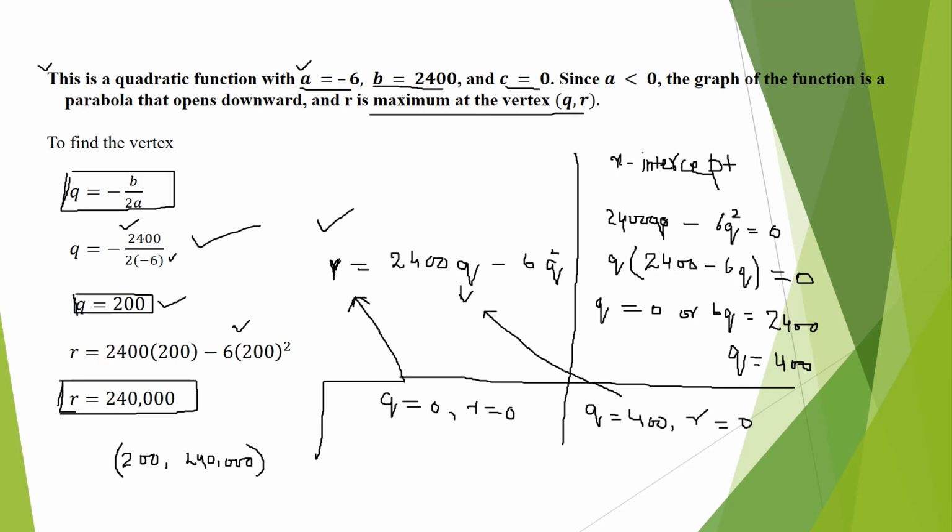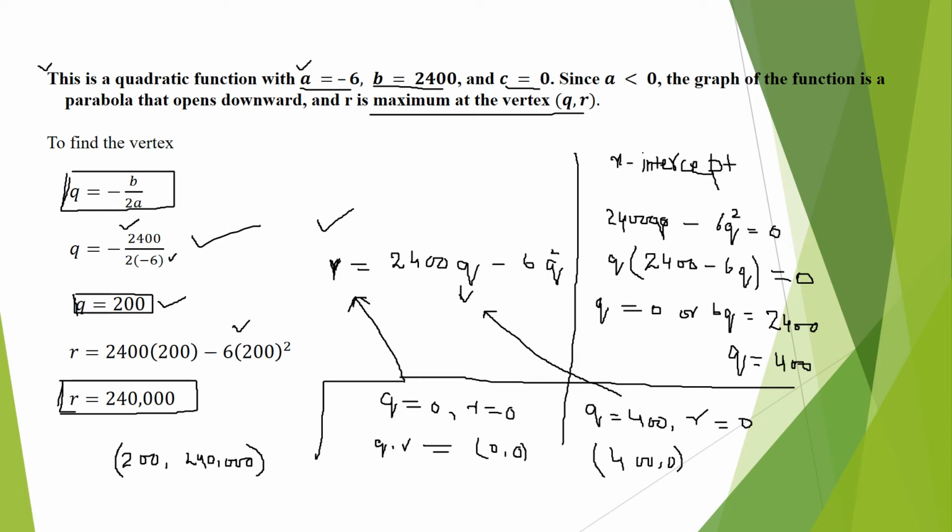So these are the x-intercepts for the above function. The first x-intercept is 0 and 0, and the second x-intercept will become 400 and 0.